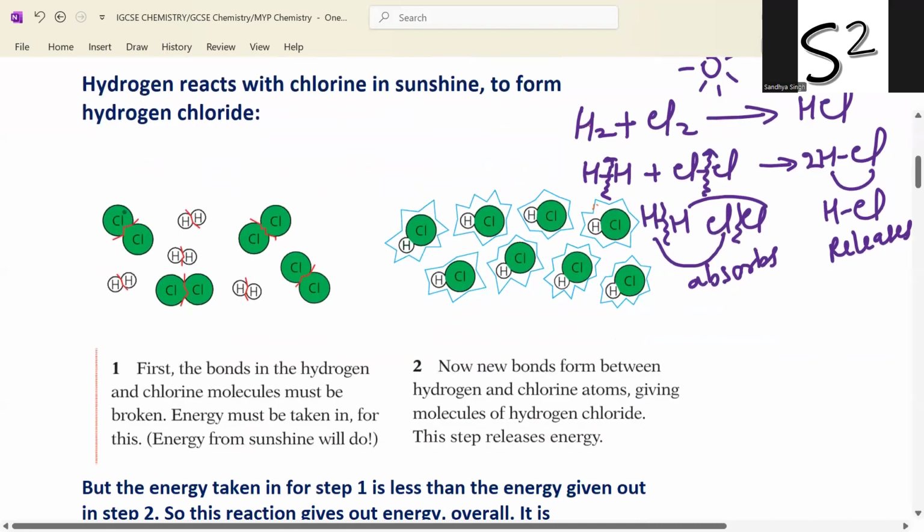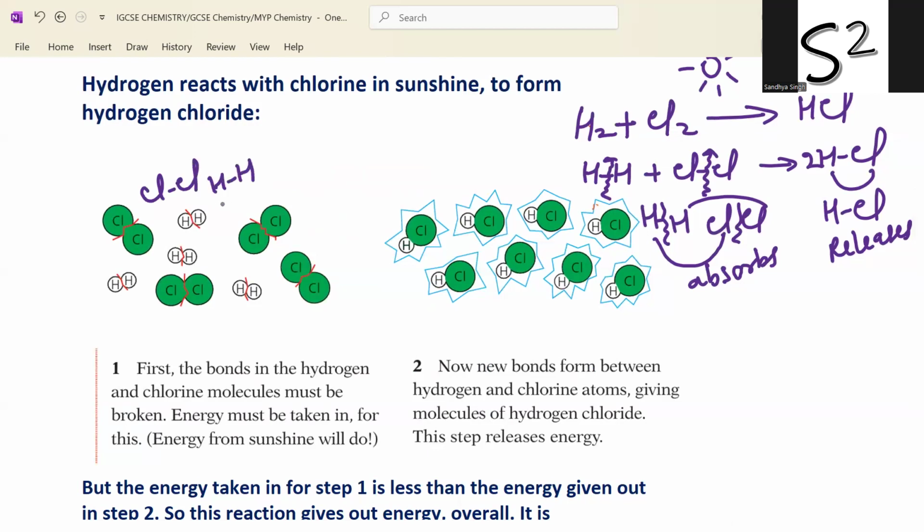Look here, this is a chlorine molecule and this is a hydrogen molecule. There is a single bond between chlorine and chlorine, and a single bond between hydrogen and hydrogen. To break the bond between chlorine and chlorine, energy is absorbed. Similarly, to break the bond between hydrogen and hydrogen, energy is absorbed.